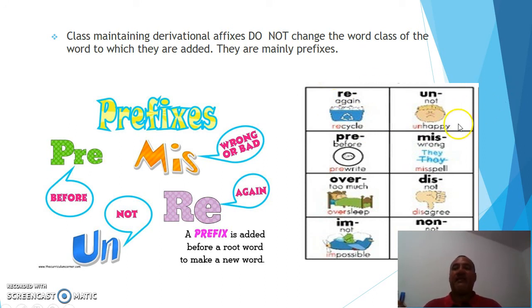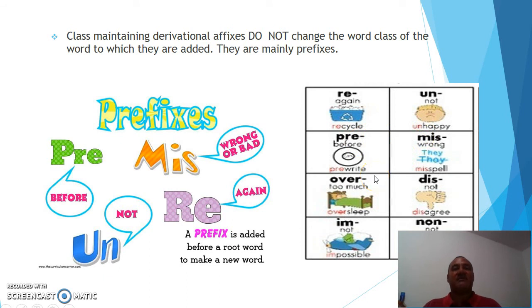The same happens with happy when we add un-, which is just the negation of the base word. Then we get the word unhappy. Happy and unhappy are both adjectives. The same happens with pre- and mis-.